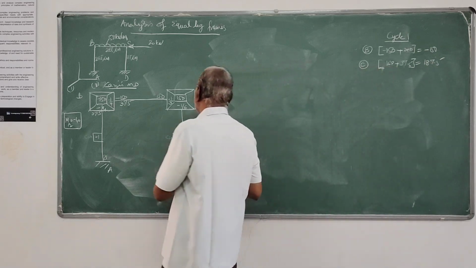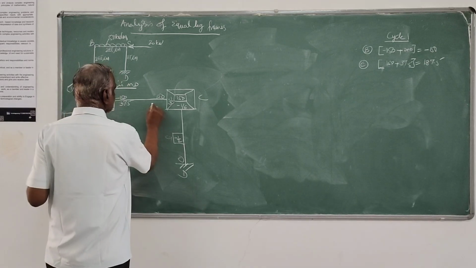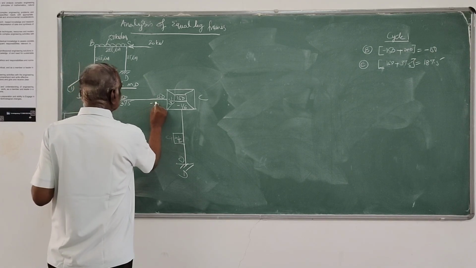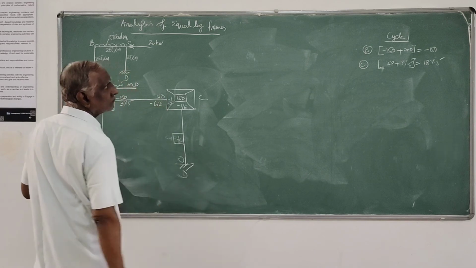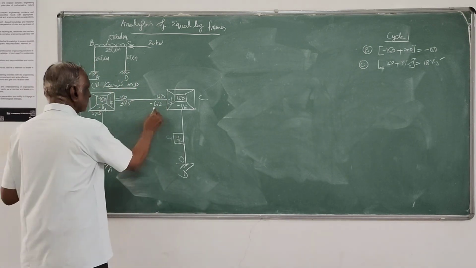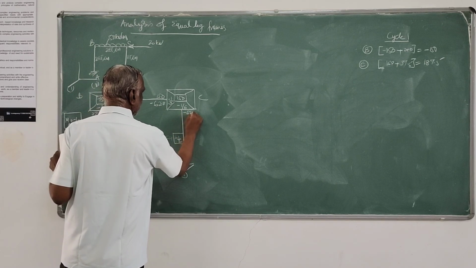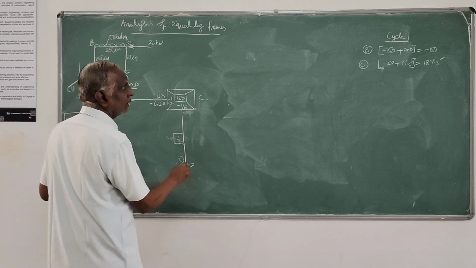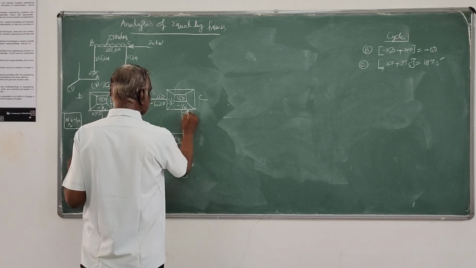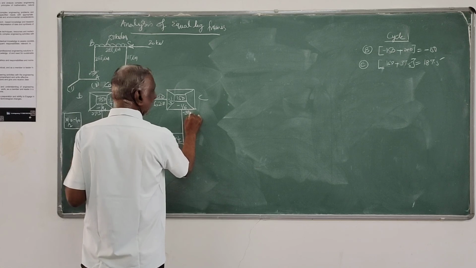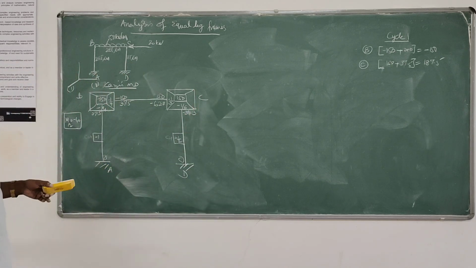Then that sum I have to multiply by the corresponding rotation factor, that is minus 62.5, so minus 31.25. Here also minus 31.25. I am only talking units.